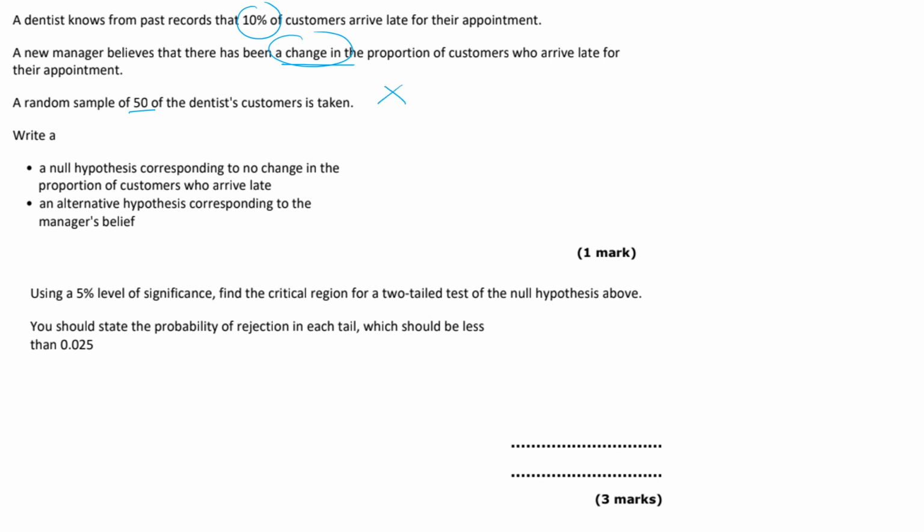So we'd say X is binomially distributed, you're either late or you're not, with 50 and p, and then we can say our null hypothesis H0 is that p is equal to 10%, 0.1. H1, because there's a change, is that p is not equal to 0.1, which means we're doing a two-tailed test.